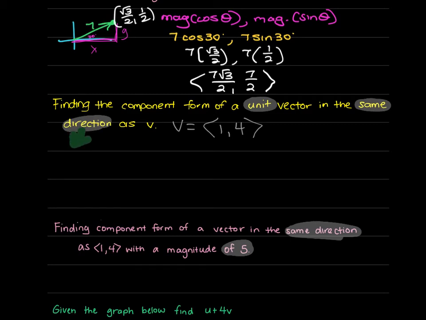So in the same direction means it would be the vector, well, this would be v. So v over the magnitude. So I would take 1, 4, and I would put it over the square root of 1 squared plus 4 squared. 1 plus 16, which is the square root of 17.